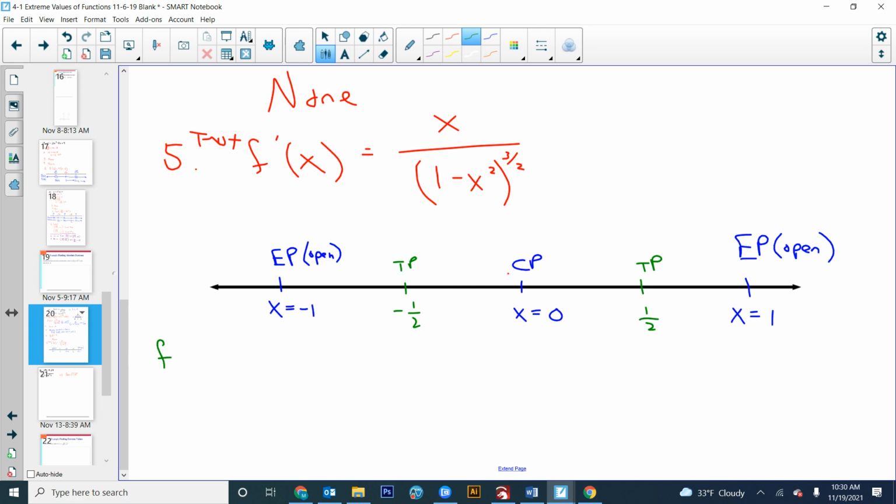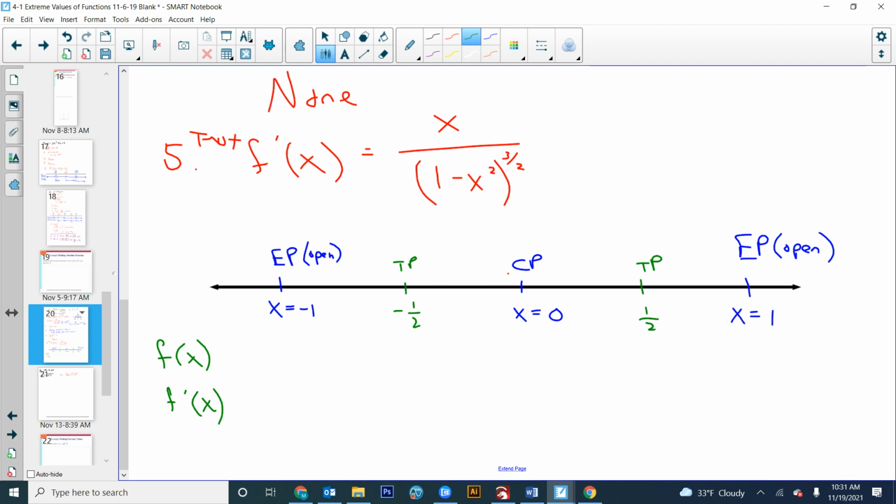Again, I'm going to put f of x first, f prime second, because once we get into section 4.3, we're going to have an f double prime row, and just so we're not out of order. Technically I'm plugging it into f prime, so it might make sense to put that on top, but I know where we're going with this. I want you guys to stack them like this because we got position, velocity, acceleration all year. It makes sense that if we plug stuff into velocity, f prime, we can tell what f is doing.